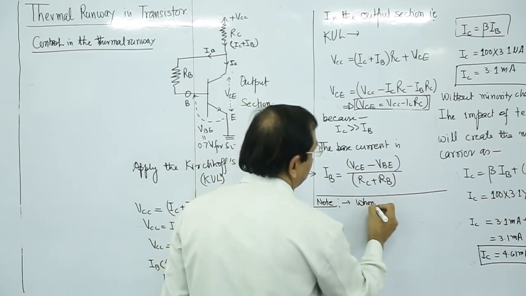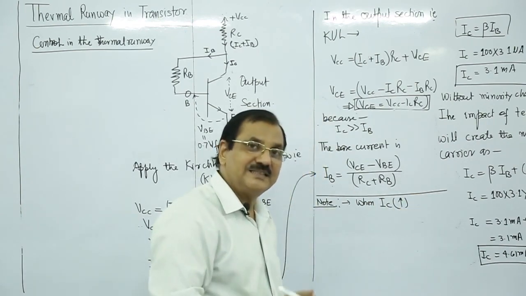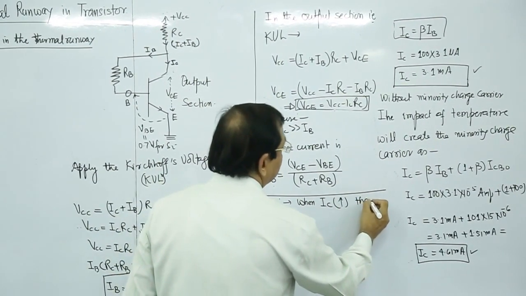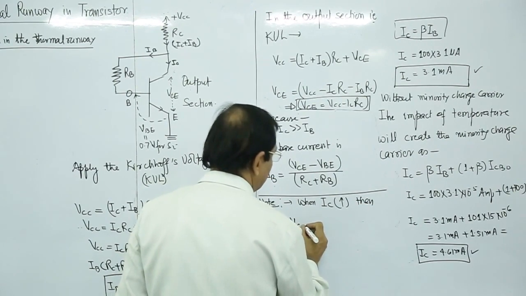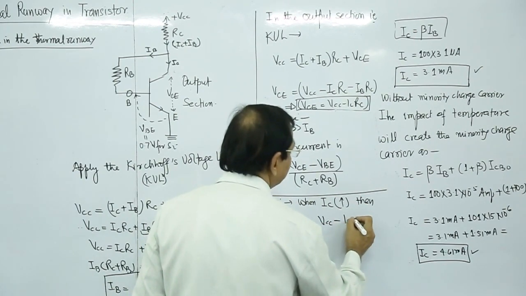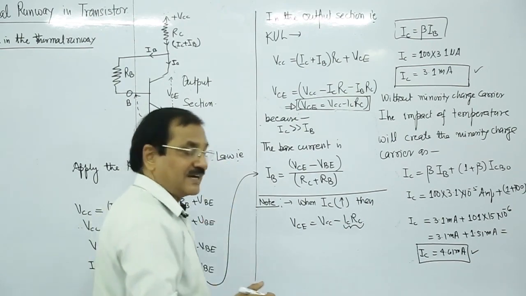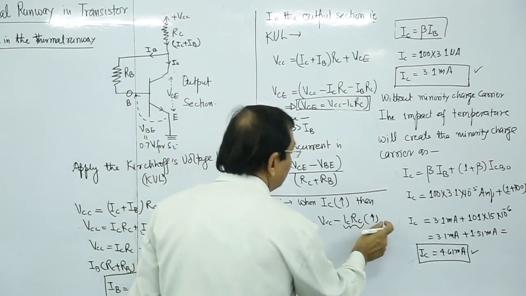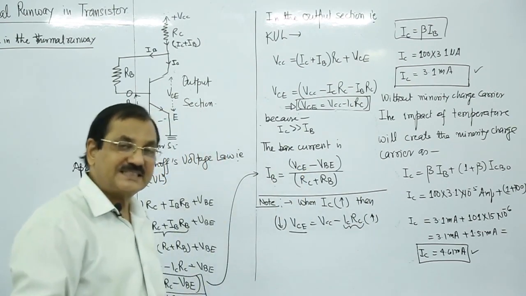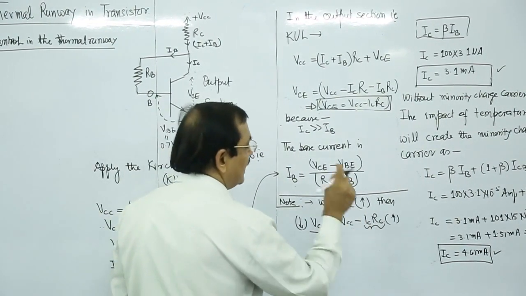When IC will increase, then in VCE equal to VCC minus IC RC, this factor will increase. And if this factor will increase, then this factor will decrease. VCE will decrease due to the increase in IC.